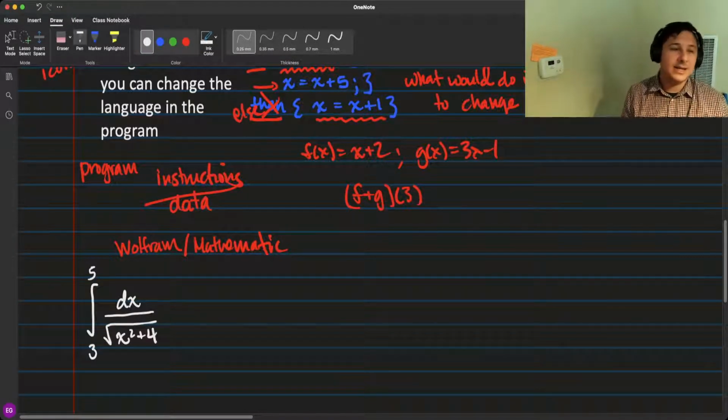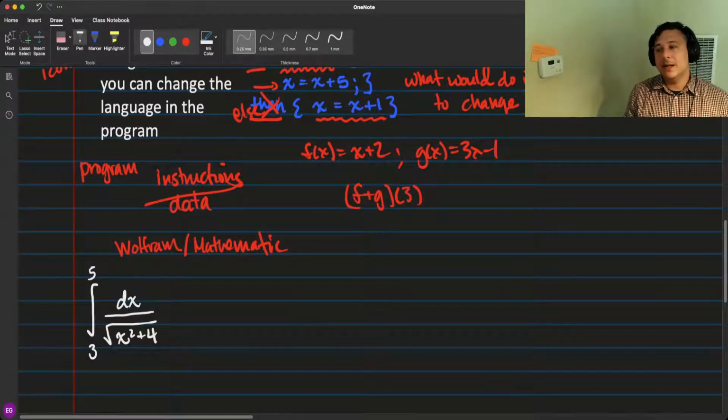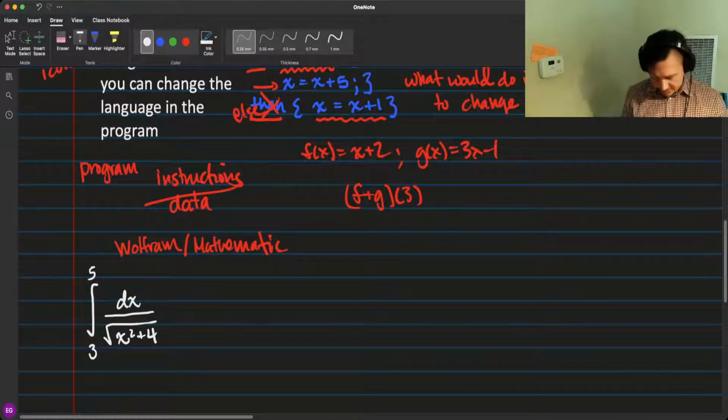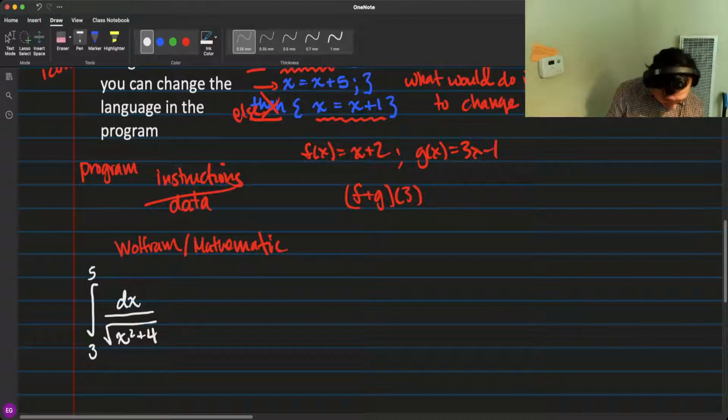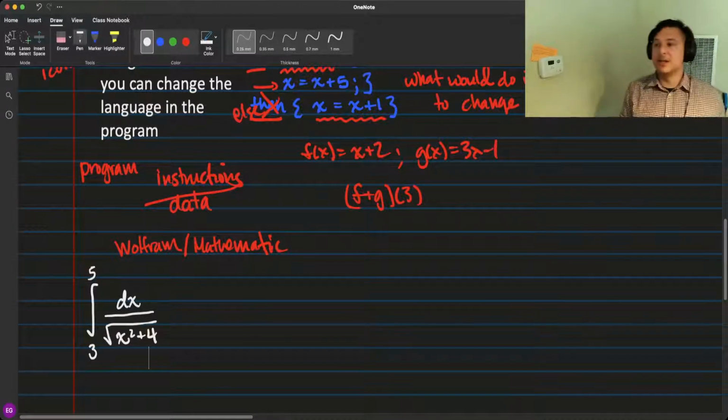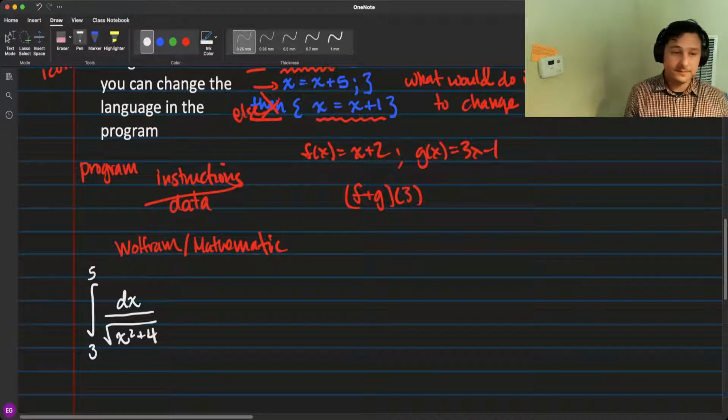And let's say you're looking at this and you're like, damn it, I don't know what the antiderivative of this is. It's not really coming to me right now. You think you could probably solve this maybe using a trig substitution or integration by parts or something like that, but you're not really sure. Wolfram or any computer algebra system can help you out.